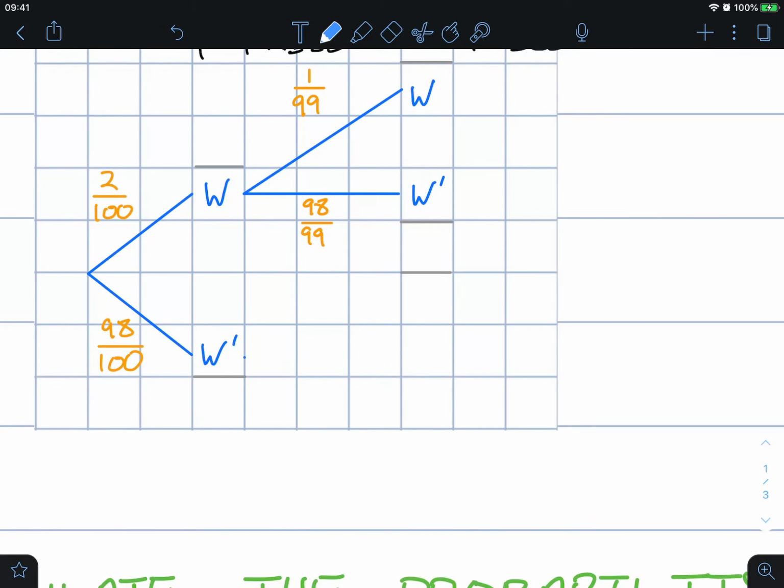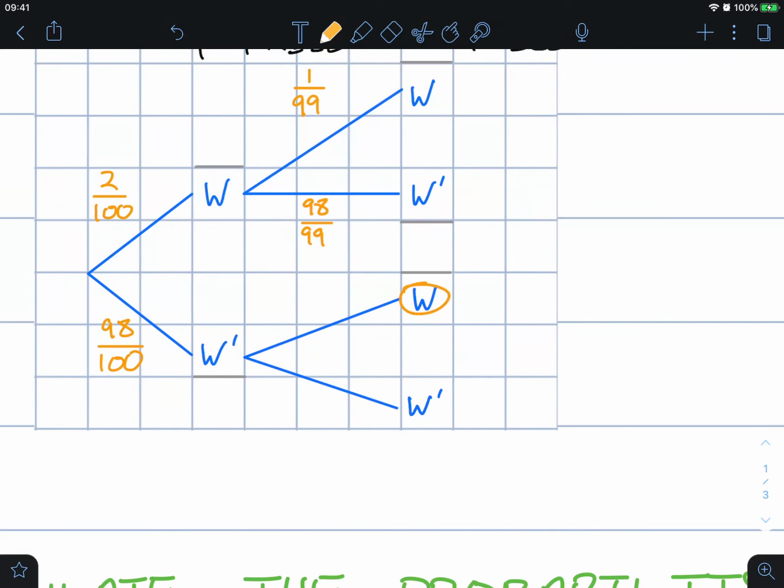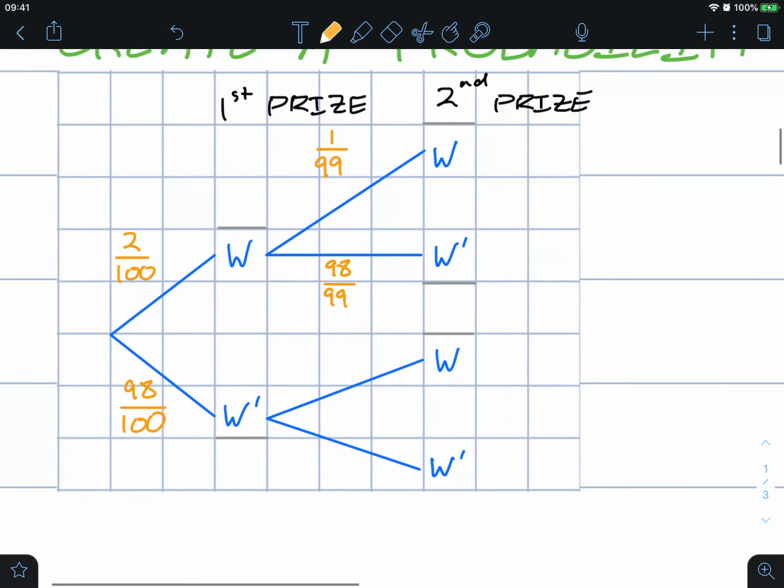For when he loses, he could win after he loses the first place, or he could lose again. The probability now that he wins after he's lost the first one, let's think about this. If he loses the first prize, that would mean he still has 2 tickets left in the draw. However, the total number of tickets has been reduced by 1 because a losing ticket has been removed.